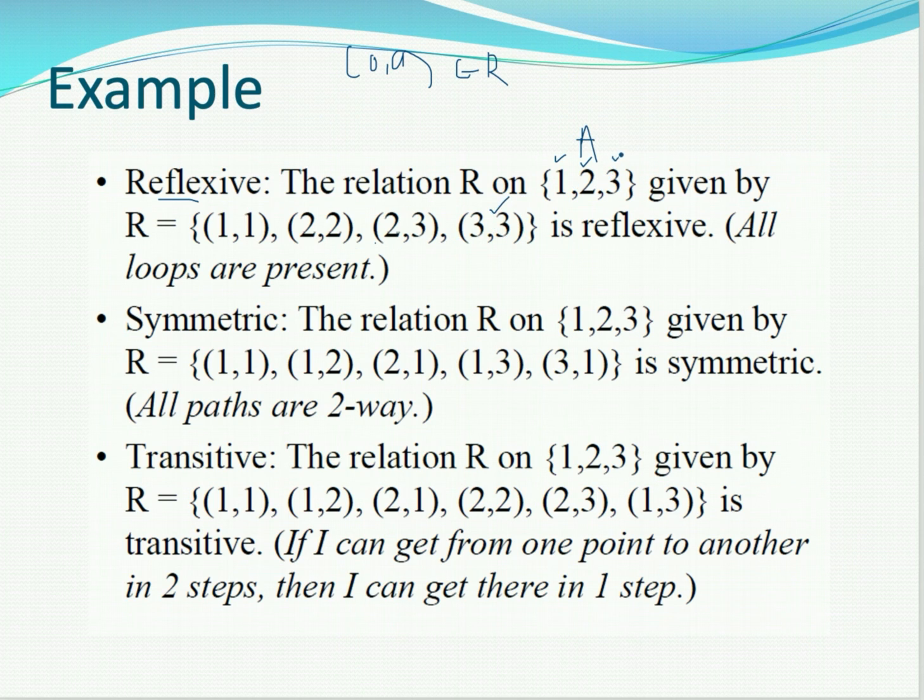Alright, since it has fulfilled all the elements in this set, we can say that this relation is reflexive. Right? So we look into the symmetric. The relation R on 1, 2, 3 is given by this.